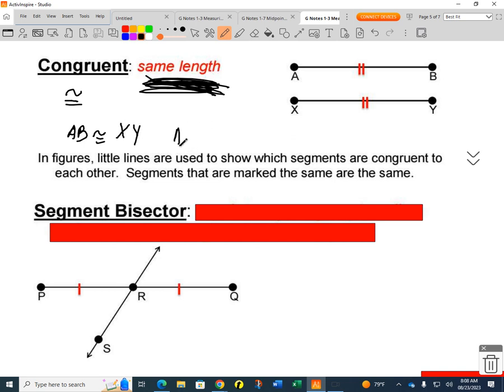That means AB is the same length as XY. AB is equal to XY. Well, not equal, right? It's the same length. Technically it's not equal, but for our purposes, we treat them that way.